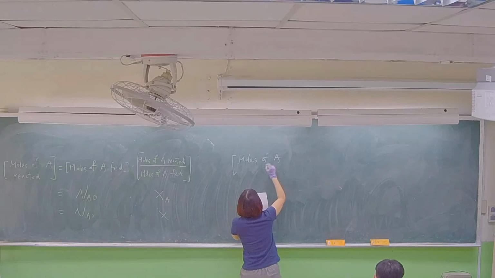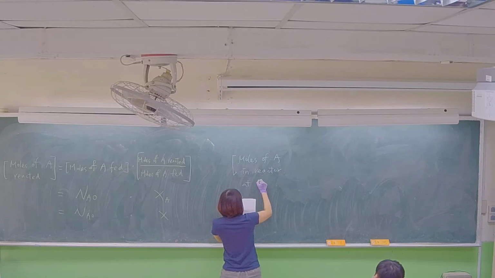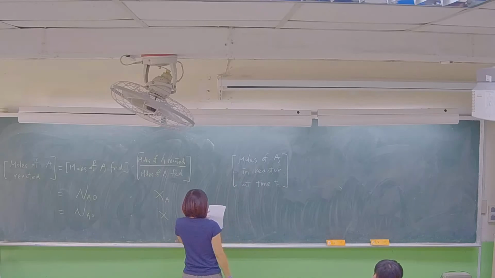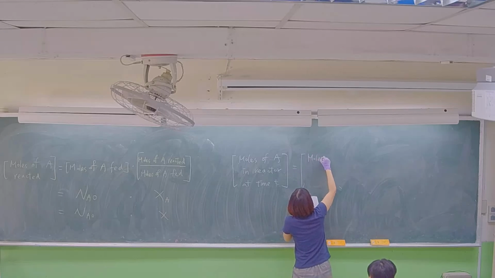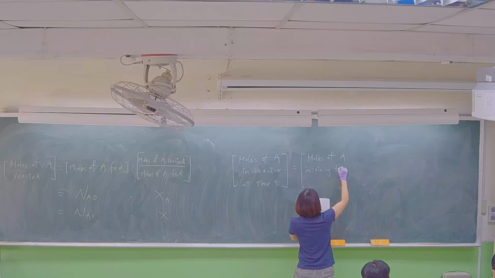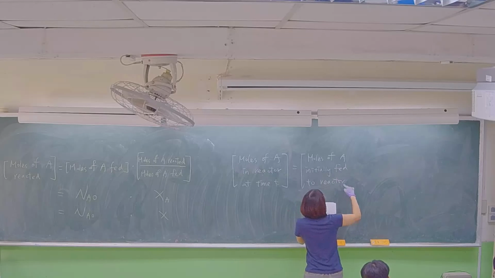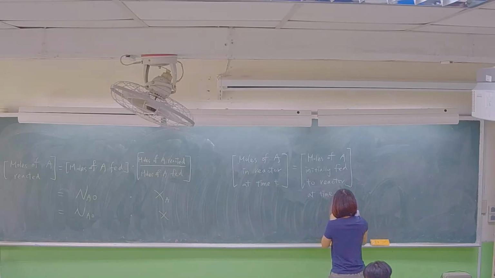Moles of A in reactor at time t is equal to moles of A initially fed to reactor, or you can say at time equal to 0, right?